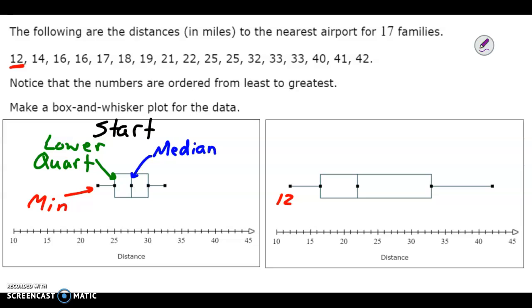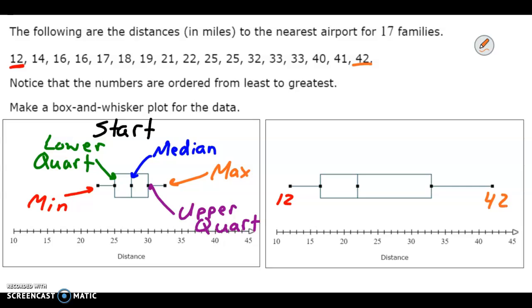The right side of the box is your upper quartile, and then that last value is your maximum. And in this case, with this data, we can see that that's at 42.